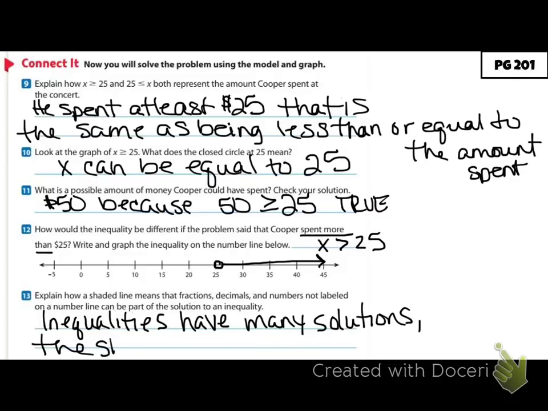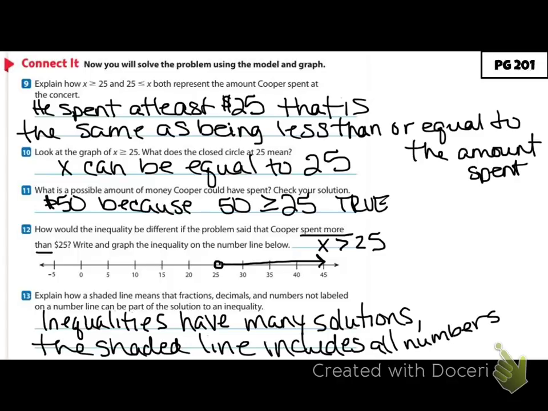The shaded line includes all numbers and numbers in between. Ran out of room. That's supposed to be in between there, including fractions and decimals. So, just because the number isn't written on the line does not mean it's included. It includes everything in between each of those numbers as well.